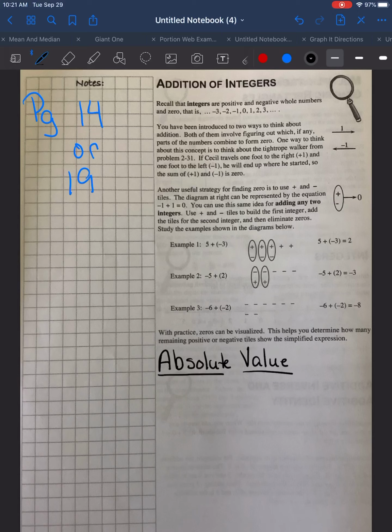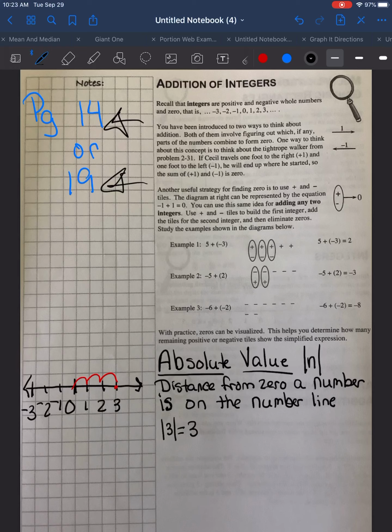So if we're talking about the absolute value of 3, it would look like that. And so if the question is, what is the absolute value of 3? Well, here's 3, and 3 is 1, 2, 3 spaces away from 0 on the number line. So the absolute value of 3 is 3.